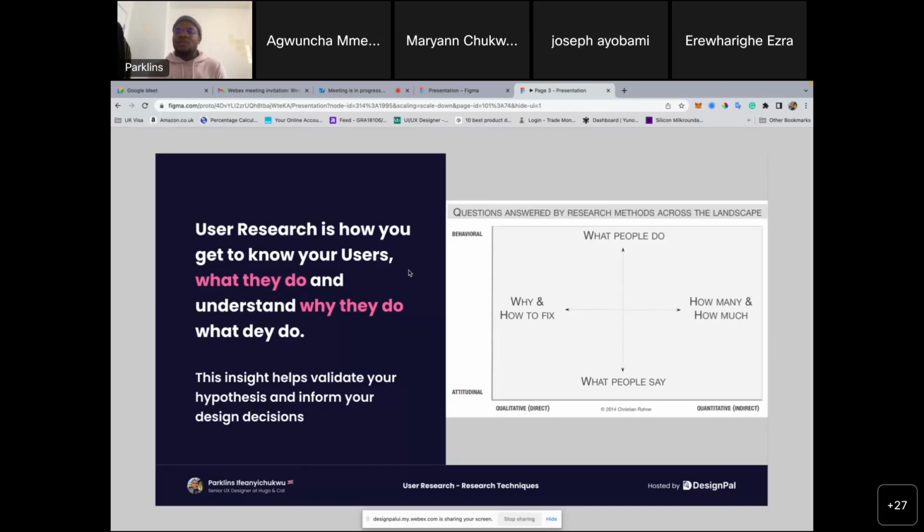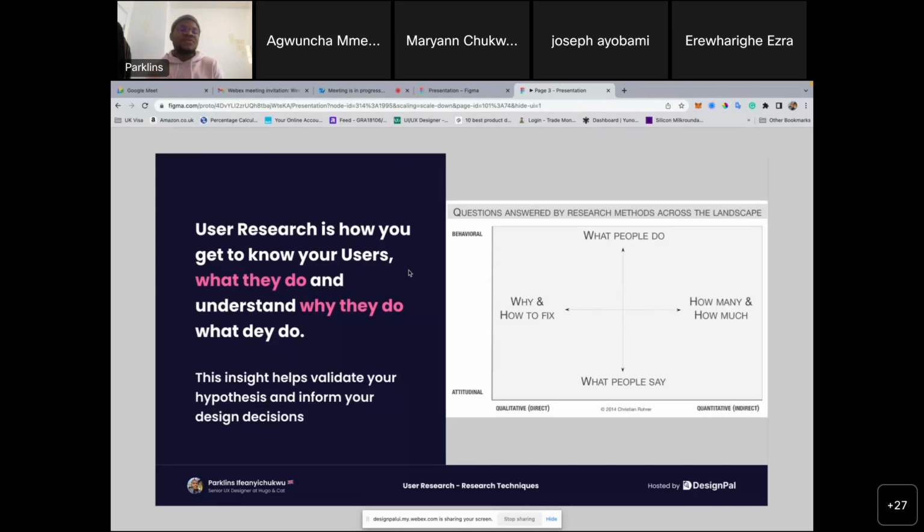When we're considering, let's say, whether to use this color for buttons, or this font for the entire app experience, knowledge and insight about what your users do, why they do it, what they need, would help you make certain decisions.